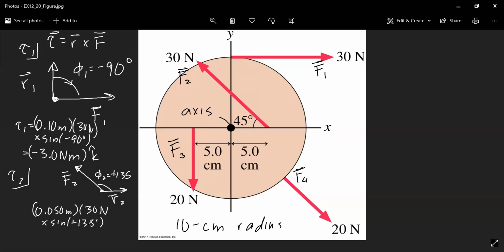Sine of 135 is just like sine of 45, it's radical 2 over 2. And so all that adds up to plus 1.065 Newton meters. And again, I would even write it with the k hat, just to know that the torque vector from the diagonal force points outward about that axis.